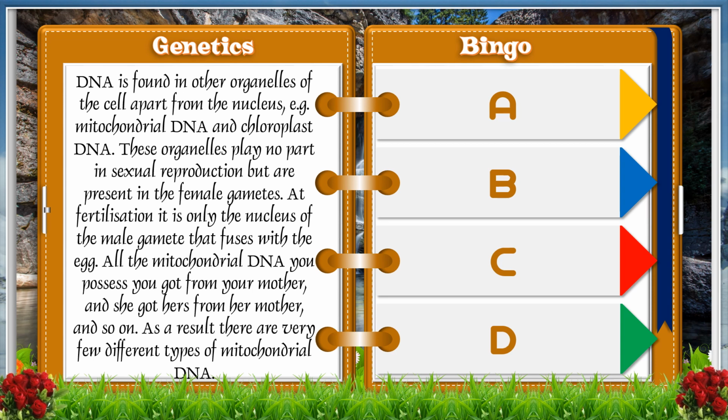At fertilization, it is only the nucleus of the male gamete that fuses with the egg. All the mitochondrial DNA you possess, you got from your mother, and she got hers from her mother, and so on. As a result, there are very few different types of mitochondrial DNA.